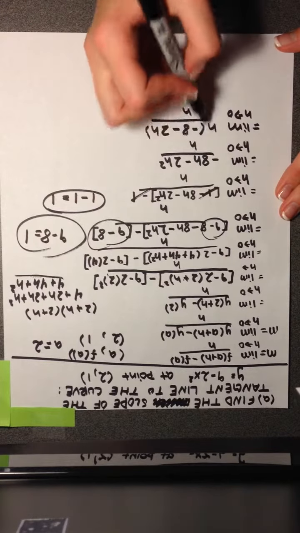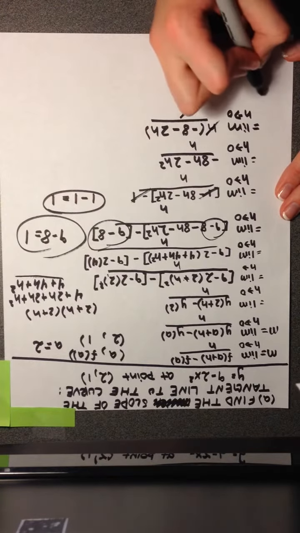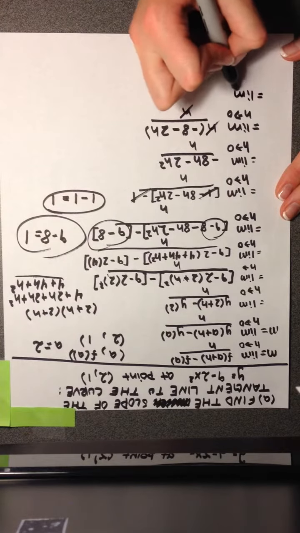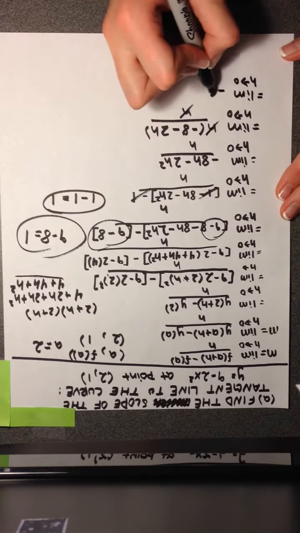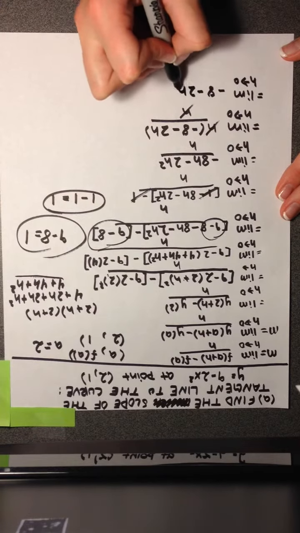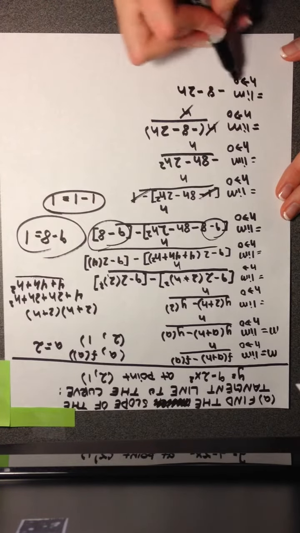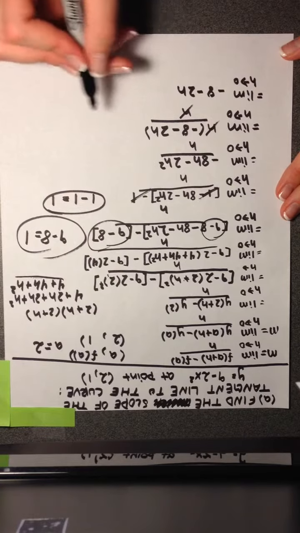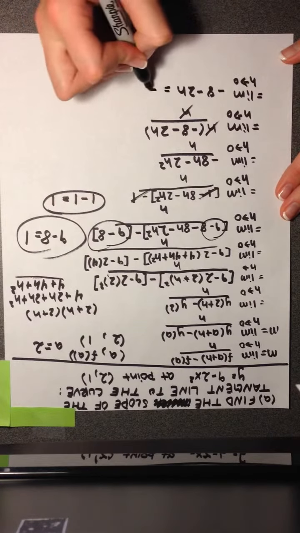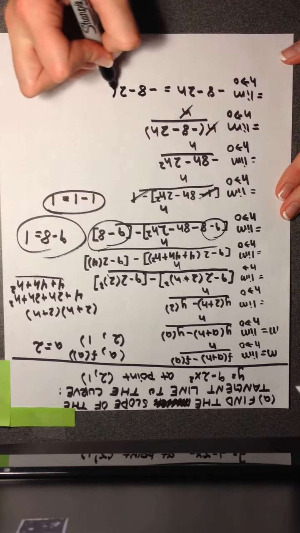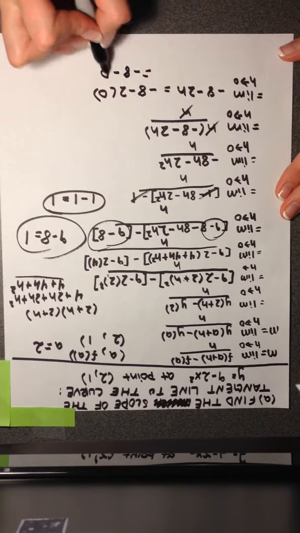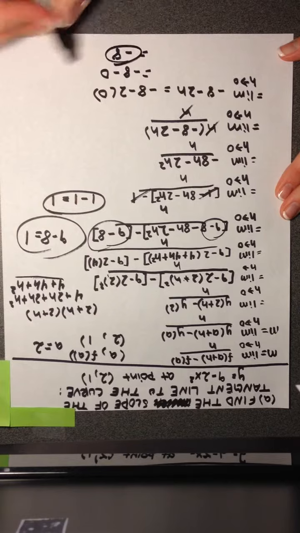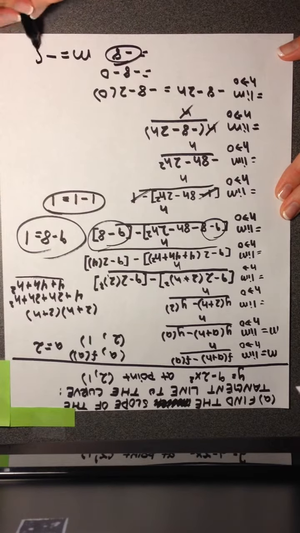These h's cancel out, leaving the limit as h approaches 0 of negative 8 minus 2h. Now all we have to do is plug 0 in for h, which gives us negative 8 minus 2 times 0, which equals negative 8. So our slope equals negative 8.